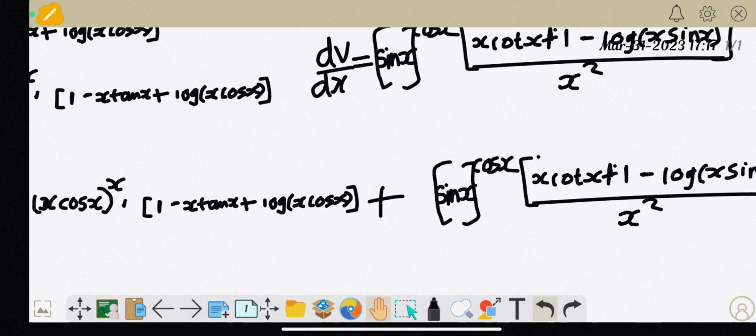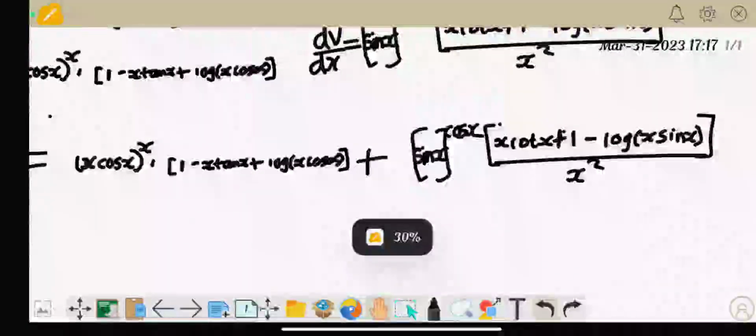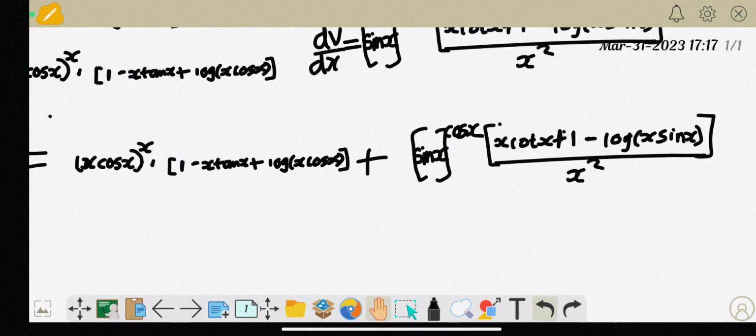So this is our final answer. So is it right? Have I made any mistake?